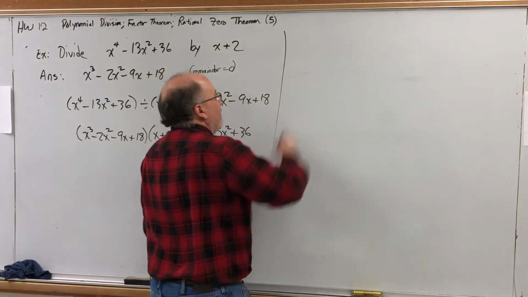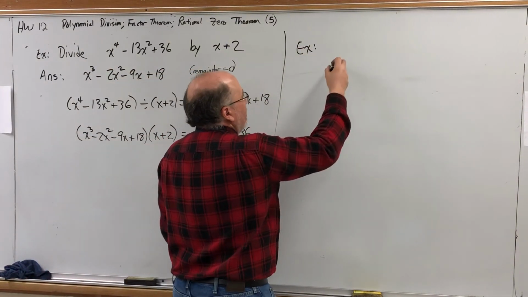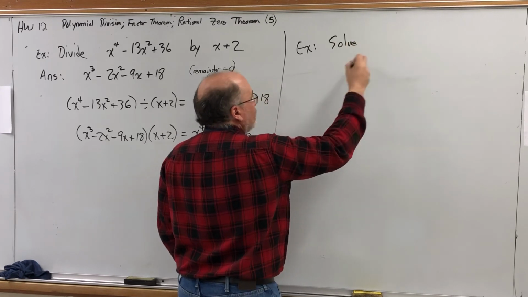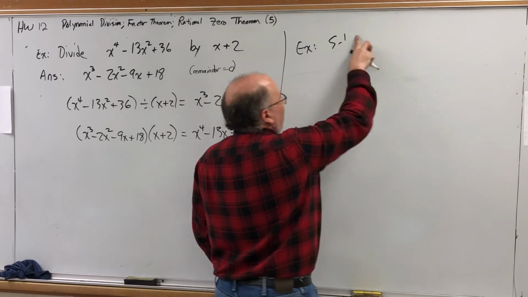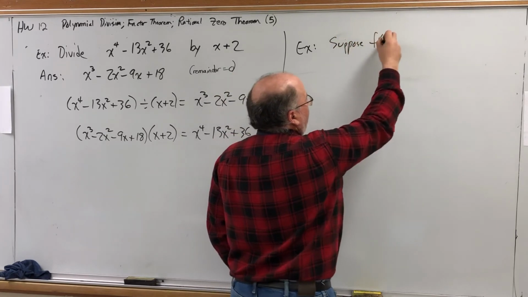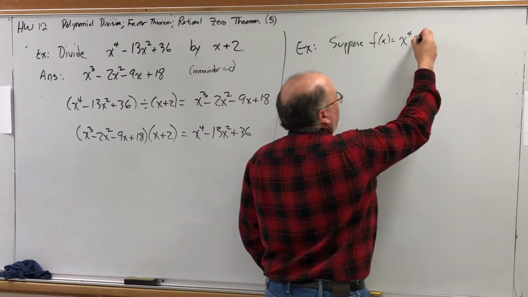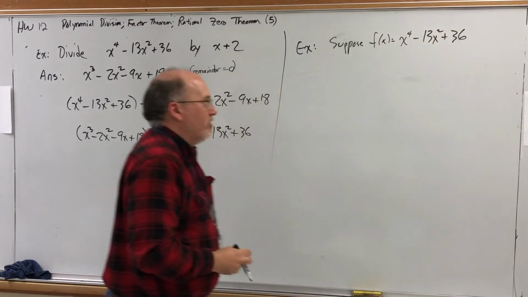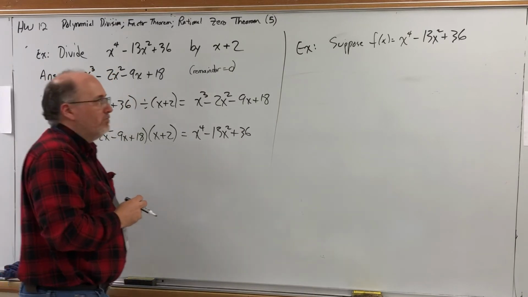Well, let's pretend we're back in the previous section and we're trying to solve. We need to set up a function. So let's suppose f of x equals x to the 4th minus 13x squared plus 36, in other words, the dividend in our division problem.